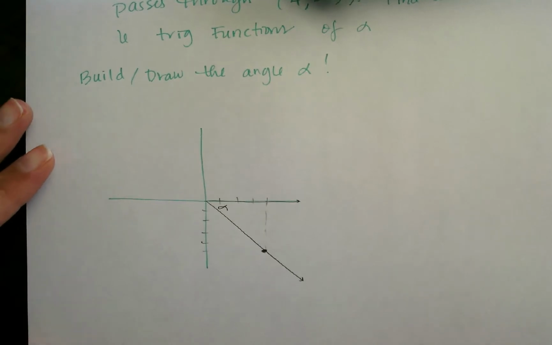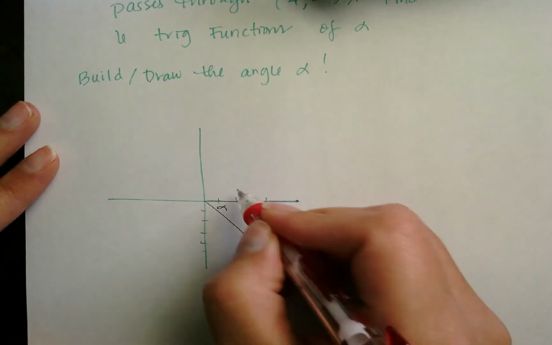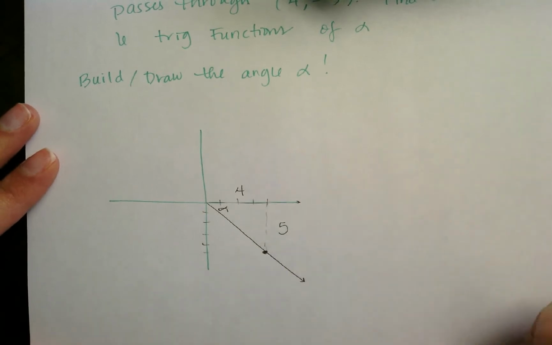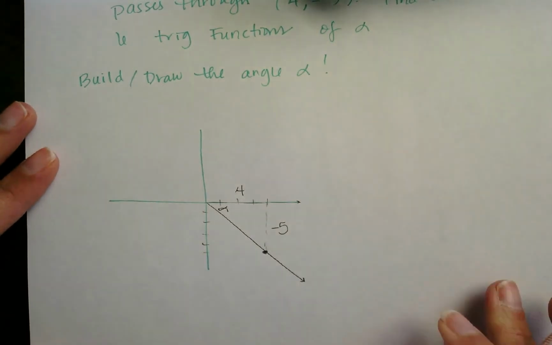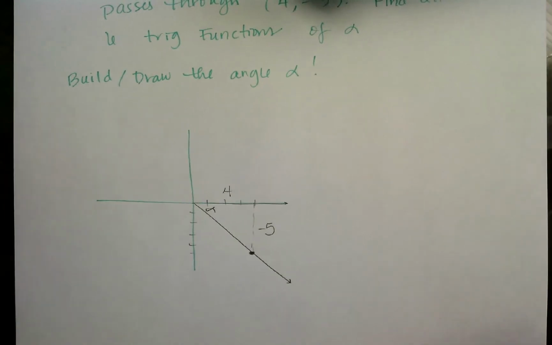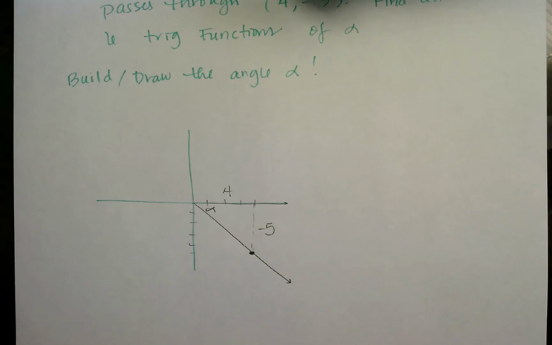So I built my triangle, and we know that this x distance is 4, and we know that this y distance is 5, but it's negative because we went down. So even though we're on a triangle and you usually don't have negative lengths, since we're on the XY coordinate system, I warned you of this, you have to have the correct signs. So that is a -5.